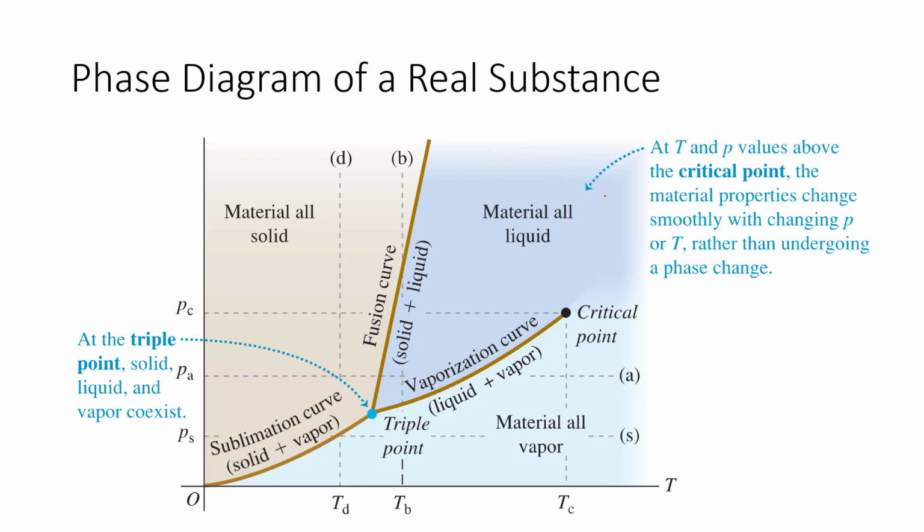So we can represent these conditions on a graph with the axis P and T, called the phase diagram.